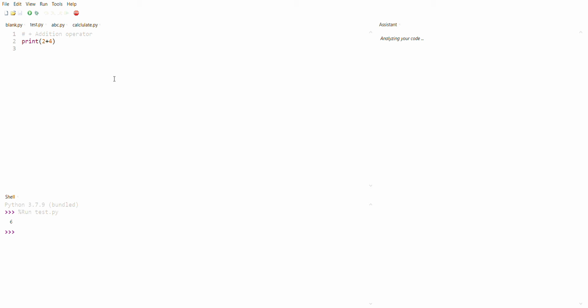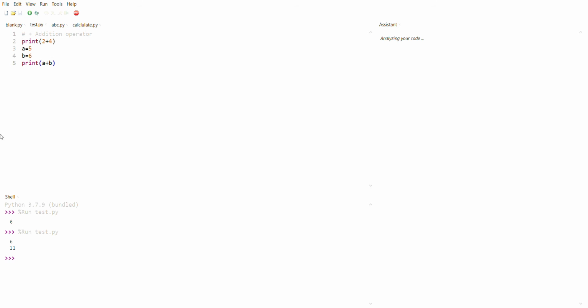Or we can assign the values to variables. A is equal to 5 and B is equal to 6. Done. Now print A plus B. We simply did this.